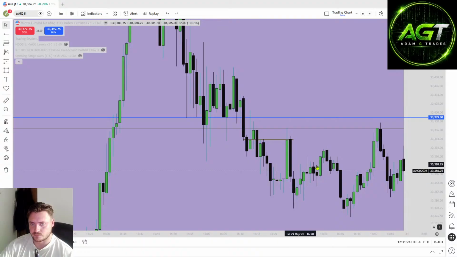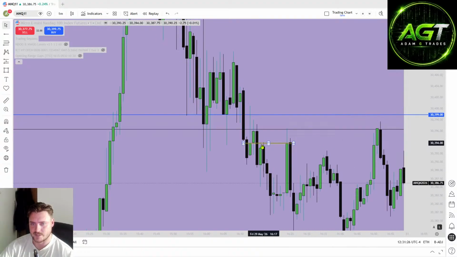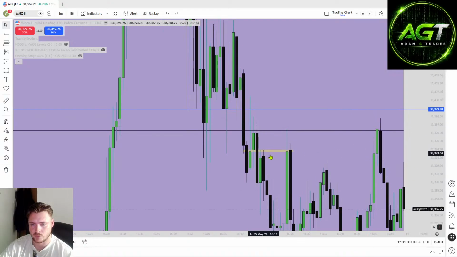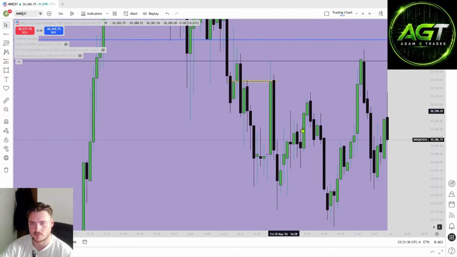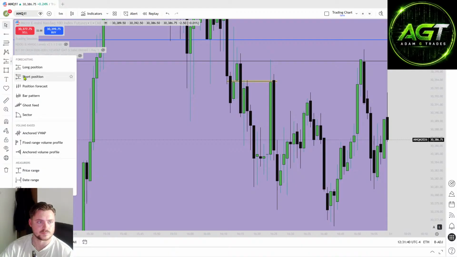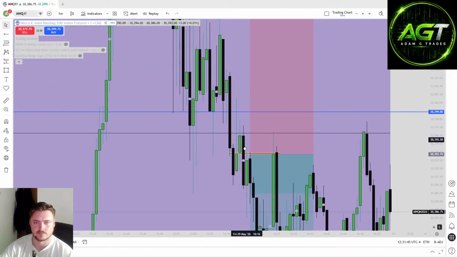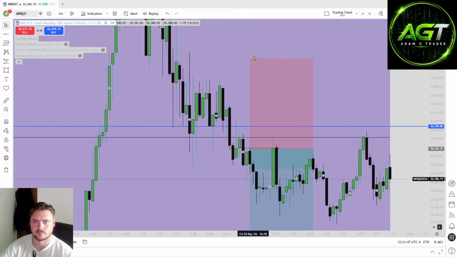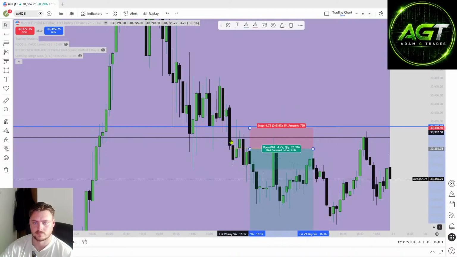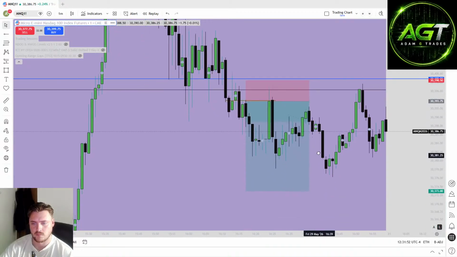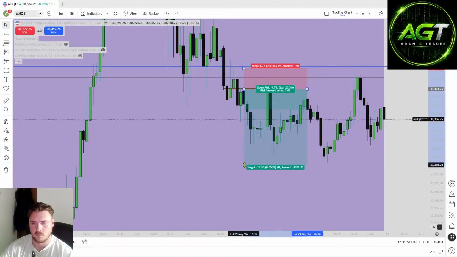And again, if for example you entered here, see how the bodies respect my volume imbalance when it comes back up. So we go lower, all the way from here to here, 3.68 to 1.